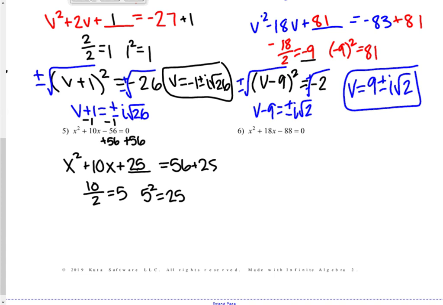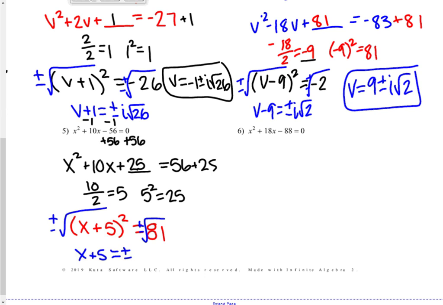Now we need to rewrite it as our binomial squared. So I'll have parentheses, my variable, middle term divided by 2, squared equals 56 plus 25 is 81. Now we've completed the square, so we can use our square root method to solve. Taking the square root of both sides, we have x plus 5 equals plus or minus.